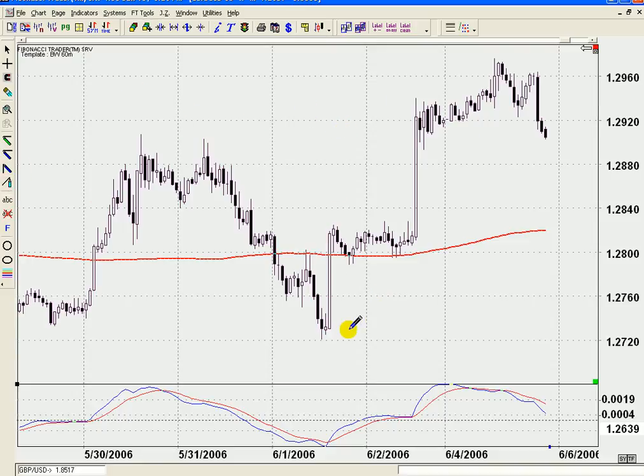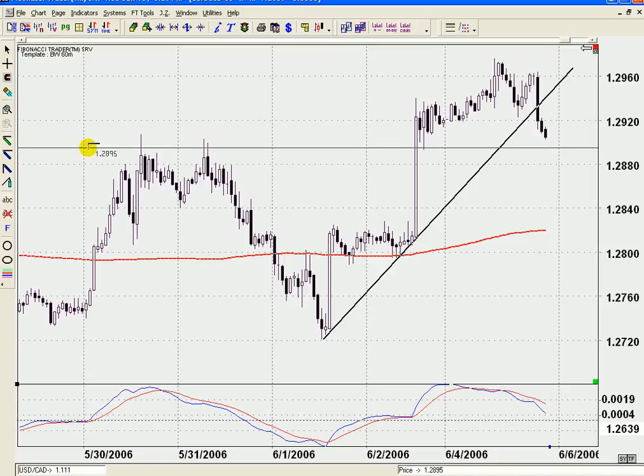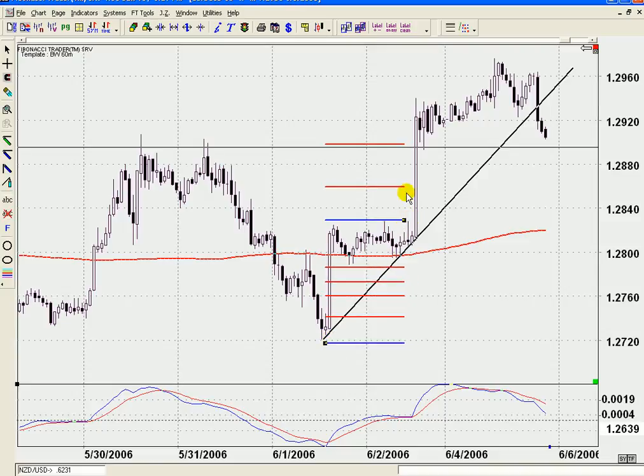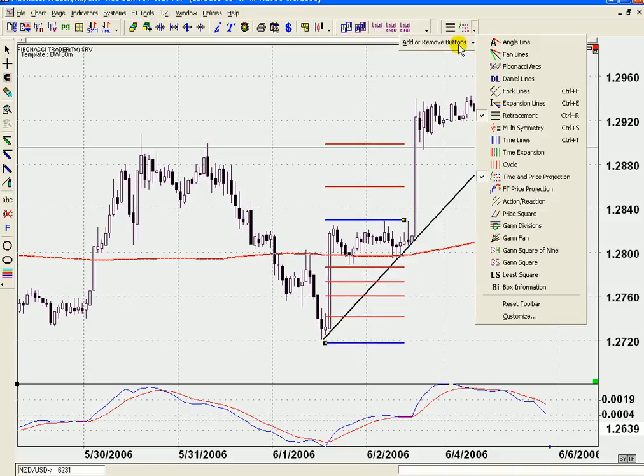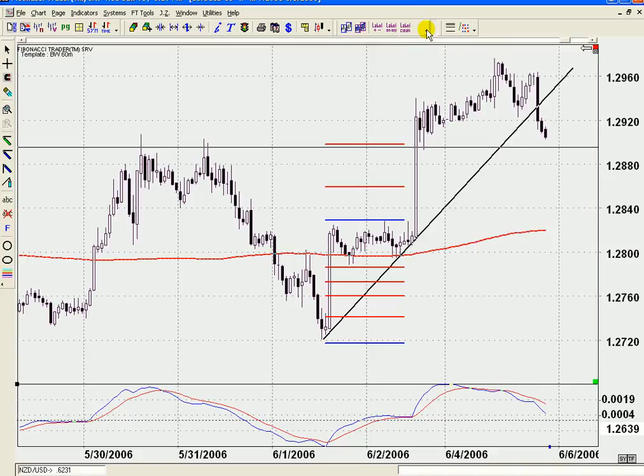For example, we're going to be learning about trend lines and various tools to apply and use on the software. For example, just a horizontal line, or as another example, we have Fibonacci retracement software. There's a huge host of different tools and applications that we can use on the software.